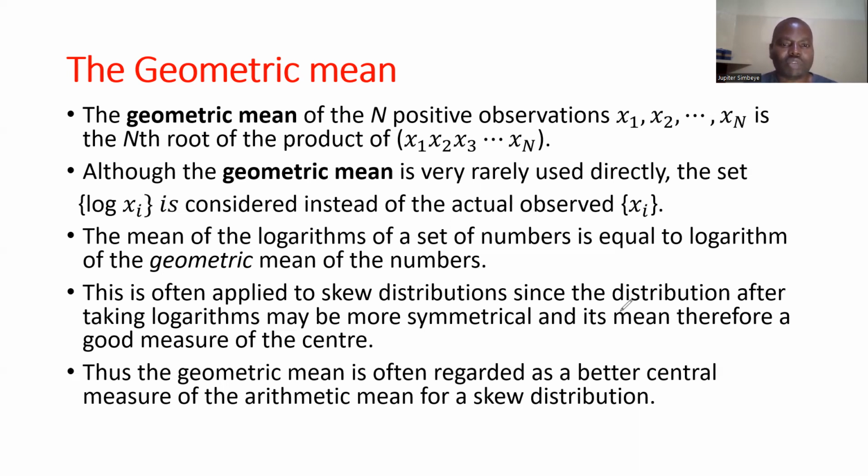So thus the geometric mean is often regarded as a better central measure than the arithmetic mean for a skew distribution. So when you have a skew distribution, it's better to use the geometric mean than the arithmetic mean.